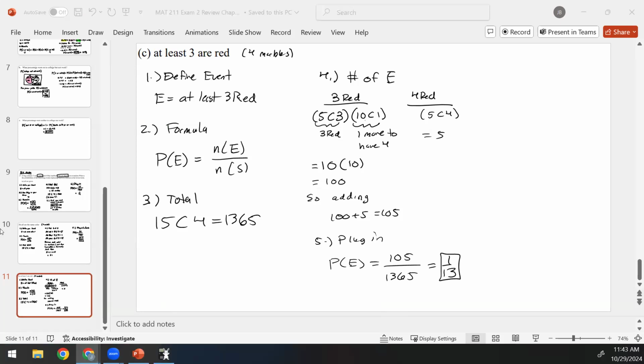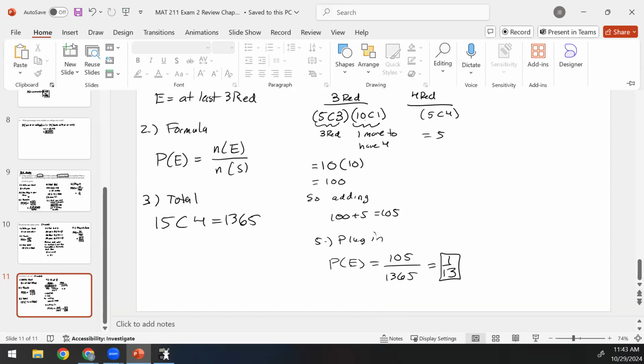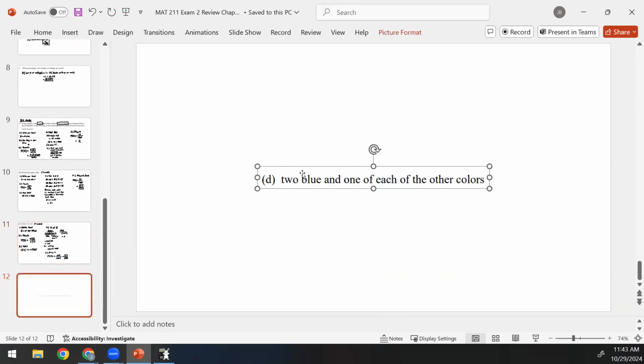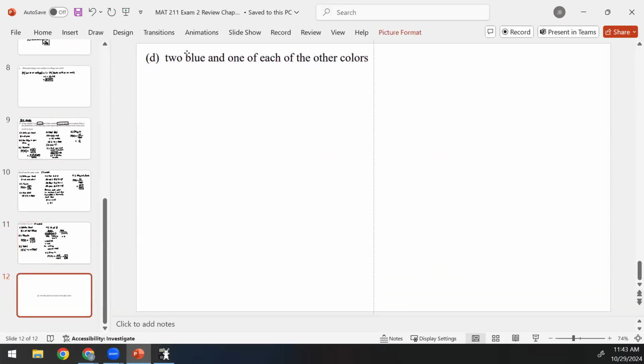All right, so we go on to the next one. Again, what makes these challenging is the more restricted they become, the more considerations that you have to make. They're always pulling out at once, because if you're doing one at a time and you're keeping track of the color, that's a different problem.